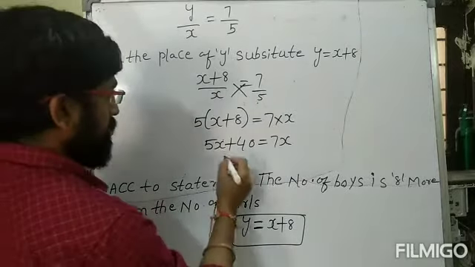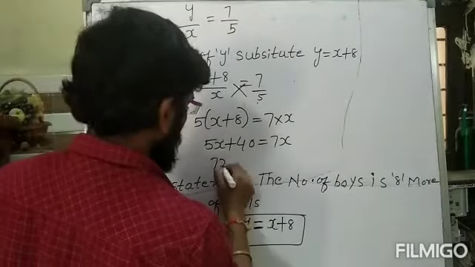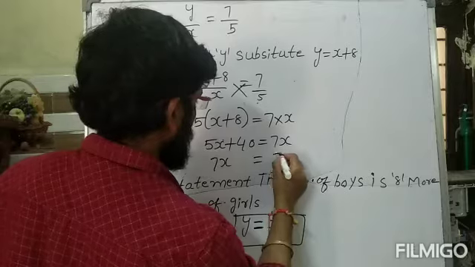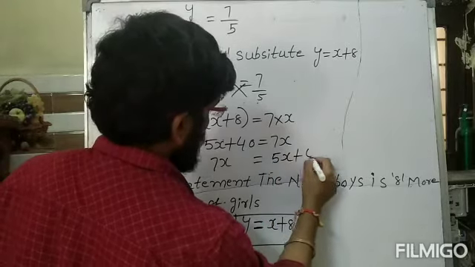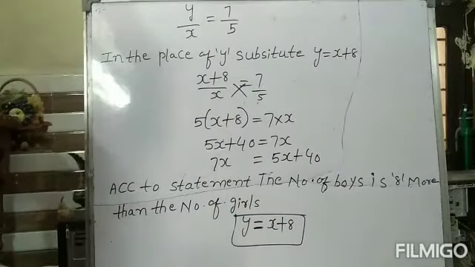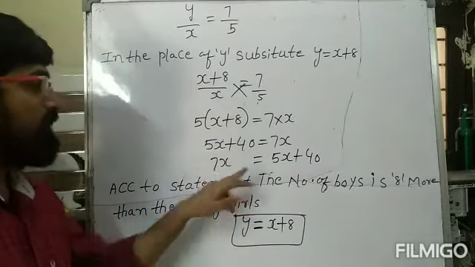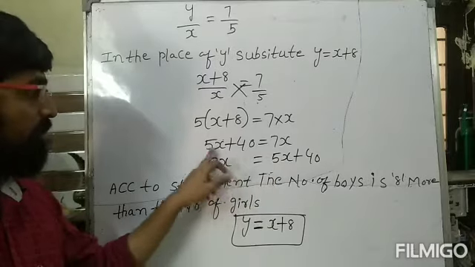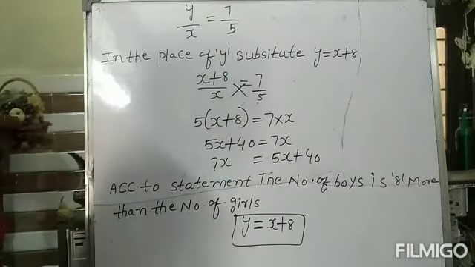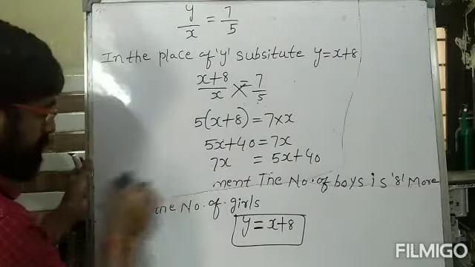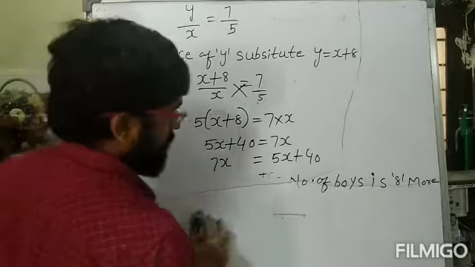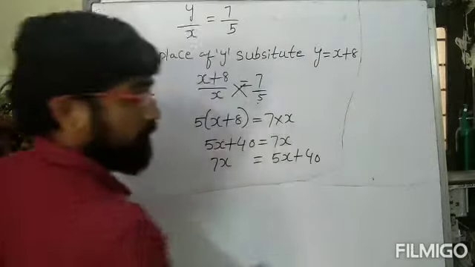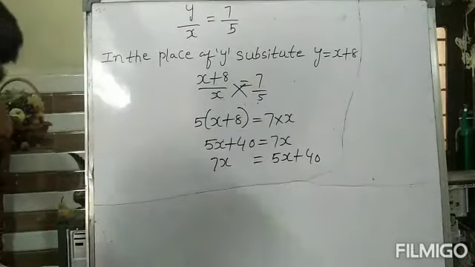Okay, I am writing 7x here and 5x plus 40 on that side. Why? Because what we need to find should always be on the left side. That is called transposing. I am transposing.